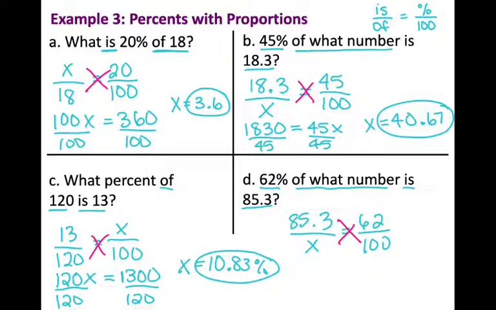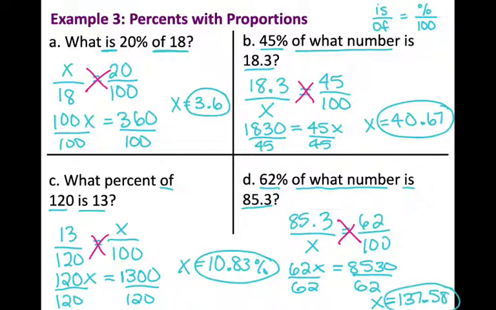That leaves me with 62x equals 8,530. Divide both sides by 62, and I get x equals approximately 137.58. All right, so that concludes our notes for proportions with applications.